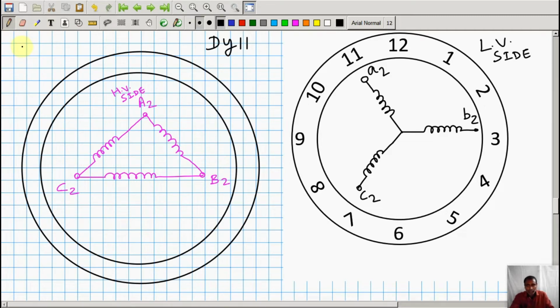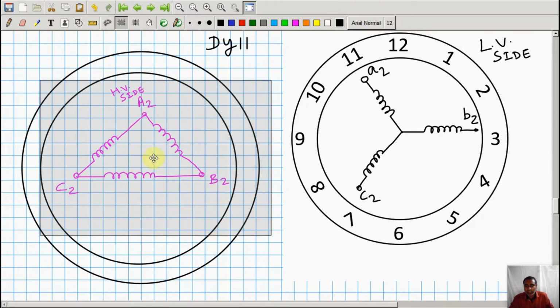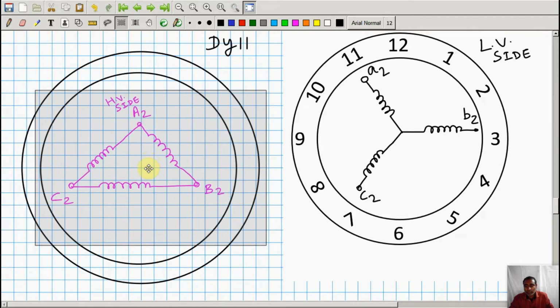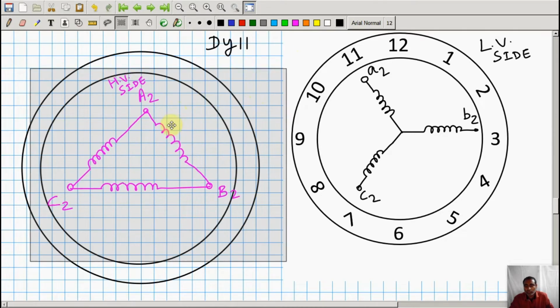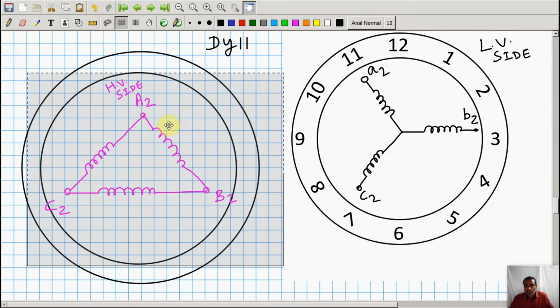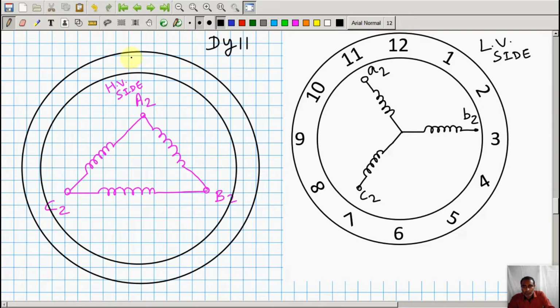So you can see this thing is actually pointing towards 12 if you draw some imaginary line passing through the vertex A2. Let's say we are writing here 12, so this is your 12th position. You can see this is pointing towards 12.